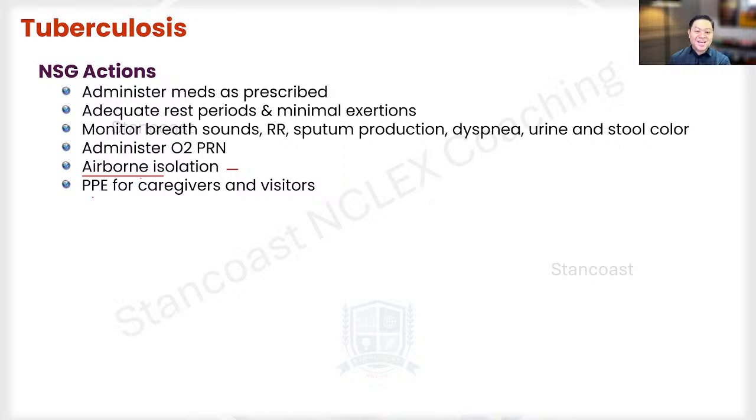Make sure that they adhere to wearing the gown, the mask, of course, the N95 mask, not the surgical mask. This is very important. When they come into the patient's room, they have to do their hand washing, put on the proper PPE, and they should not be staying a long time in the patient's room. They have to leave. Who wants the TB infection anyway?